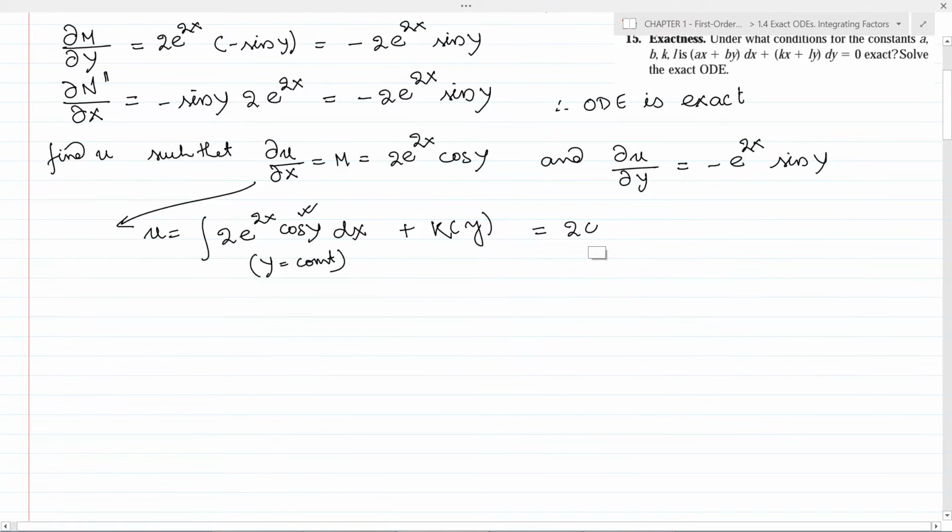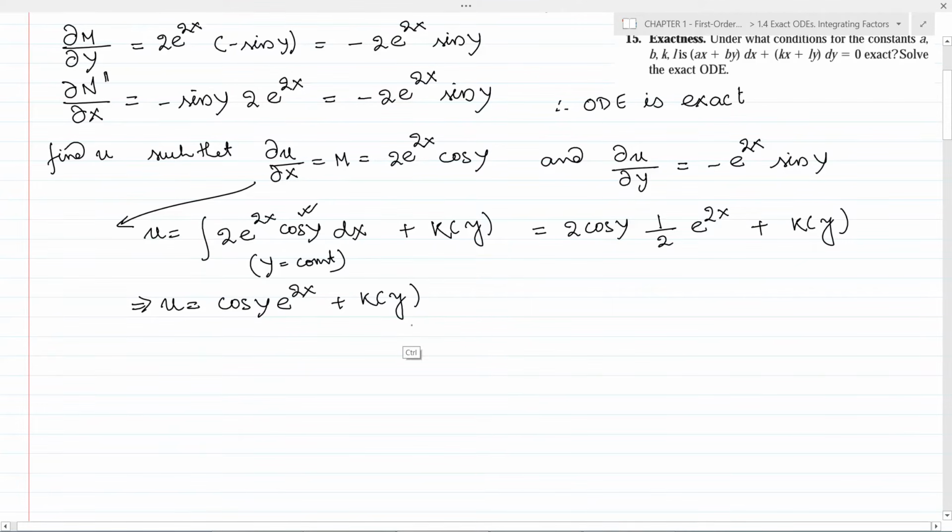So, the 2 cos y term comes out of the integration, and the integration of e to the power 2x dx is 1 by 2 e to the power 2x plus the term k of y. This implies u equal to cos y e to the power 2x plus k of y. Now, this is the provisional value of u, because we do not know the value of k of y yet.